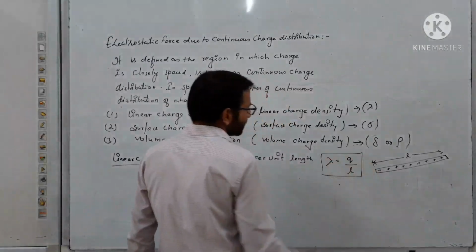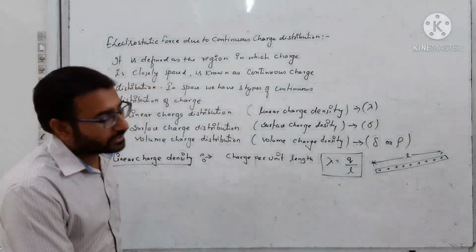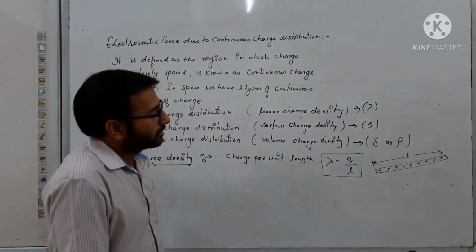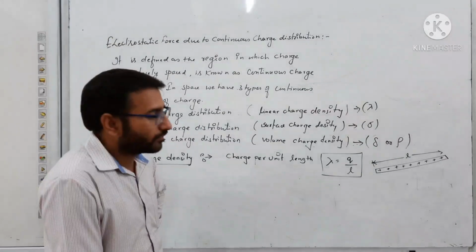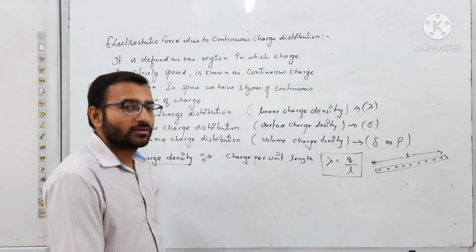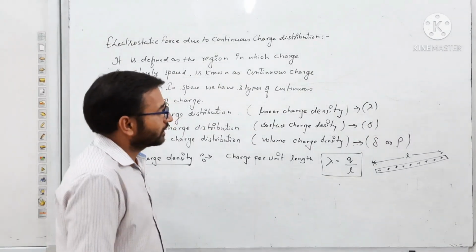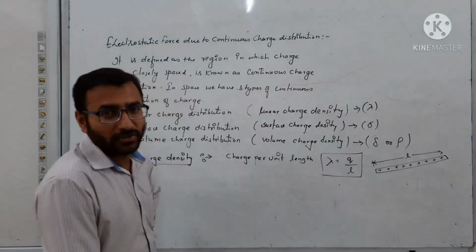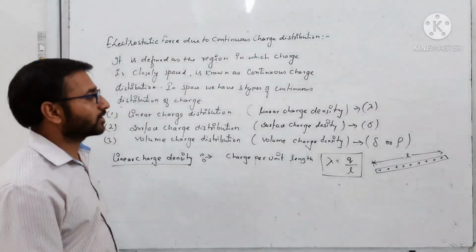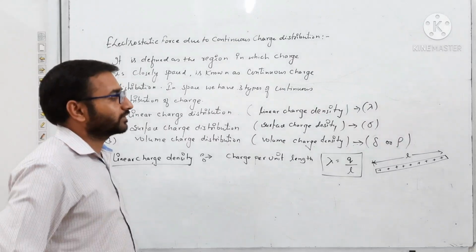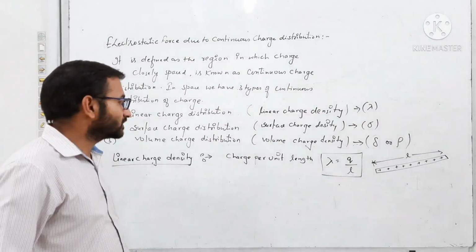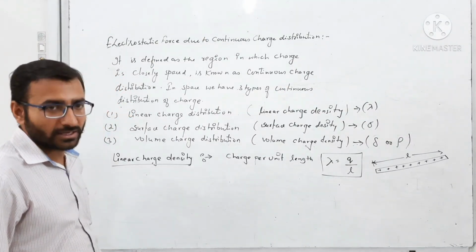On the basis of this linear charge density, you can easily apply the formula of electrostatic force, and also the electric field. We will discuss later the formula for electric field in terms of the charge densities in a different manner.